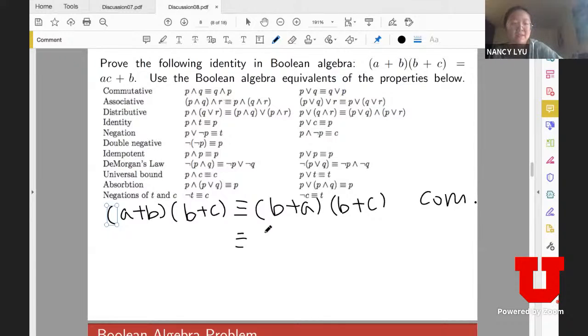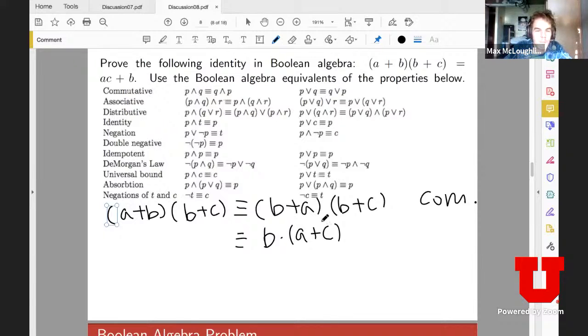Oh, you're using the reverse version of the distributive? I think we're trying to avoid using any reverse of this property.